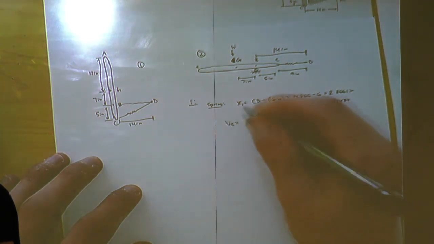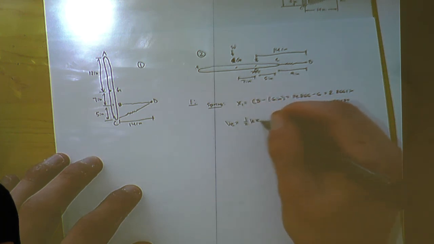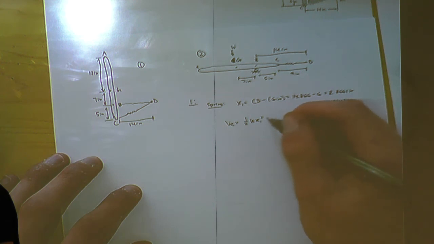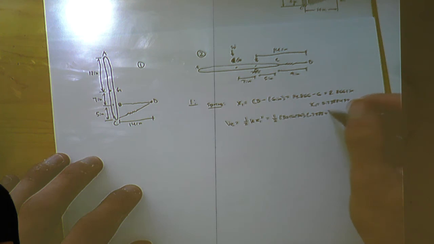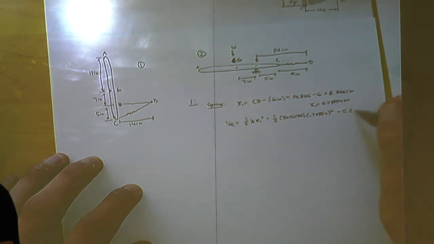So elastic potential is going to be 1/2 k x1 squared. So 1/2 times 30 pounds per foot times 0.73884 squared gives us 8.1882 pound-feet.